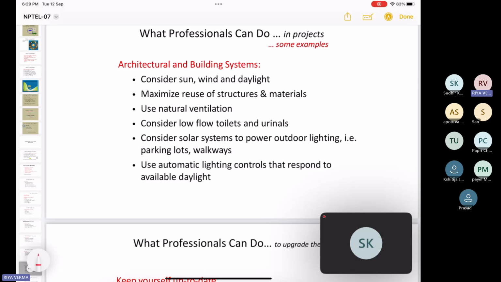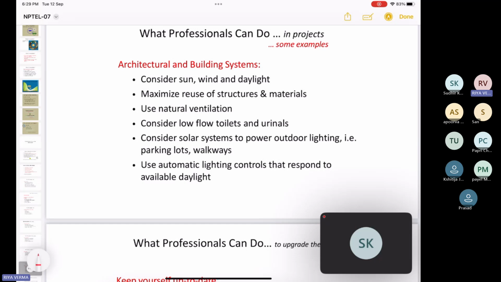So we should provide vents, windows or doors in those directions, so that during the daytime we don't need any lights or bulbs. Only the daylight from the sun is sufficient to light the entire house.